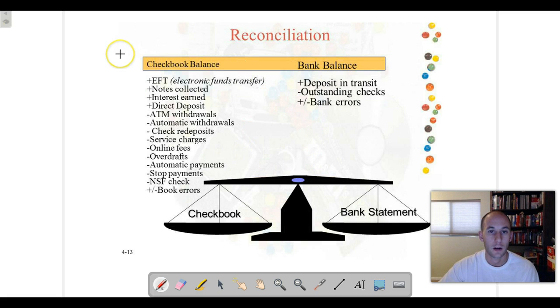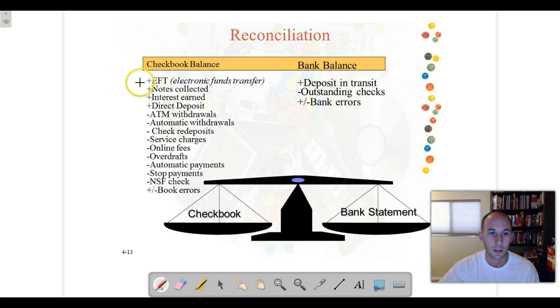So when we look at our checkbook side here, there's quite a few things that affect the checkbook side, right? All this electronic funds transfer, this note collected, and you'll see this positive. That's adding to our checkbook balance, right?